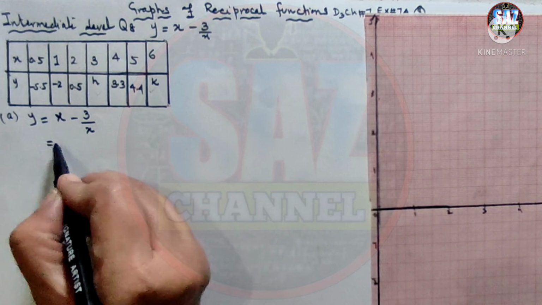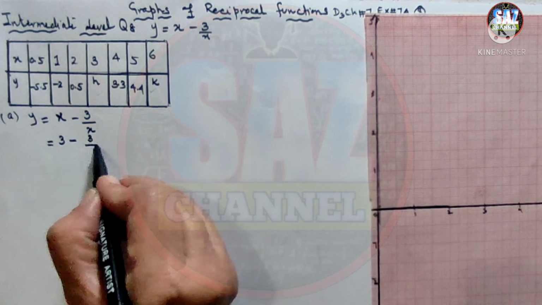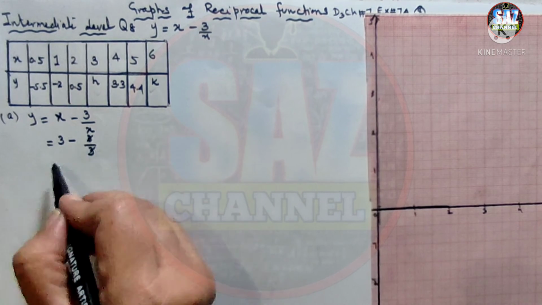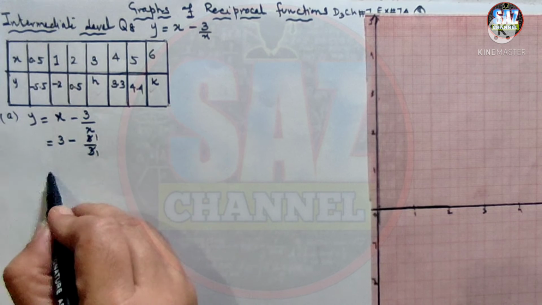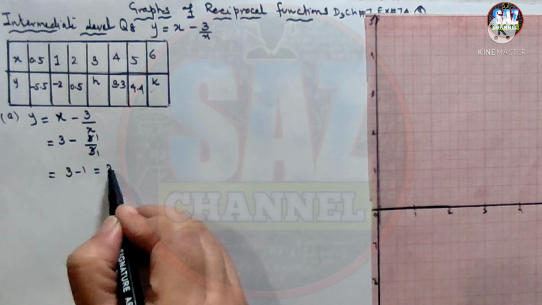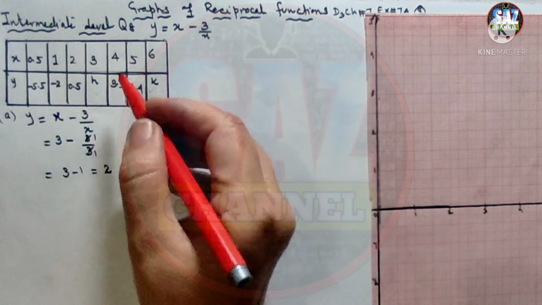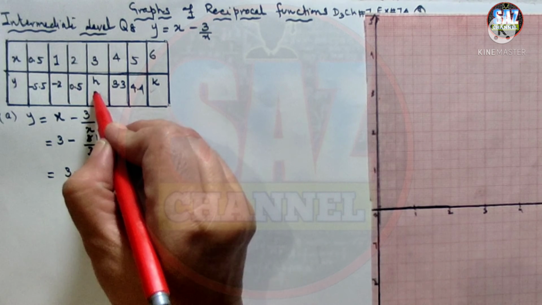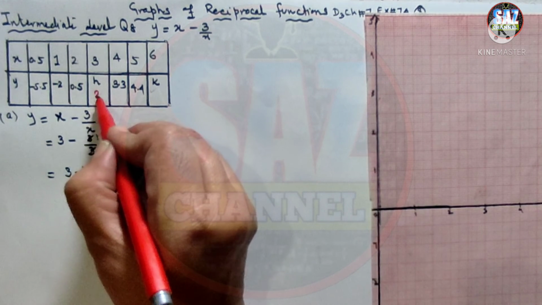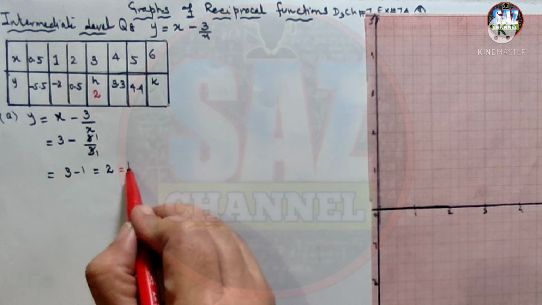So this is 3 minus 3 upon 3, and this will go with this, and I will have 3 minus 1, which is equal to 2. So we replace the value of y here, that is the value of h. So h equals 2.